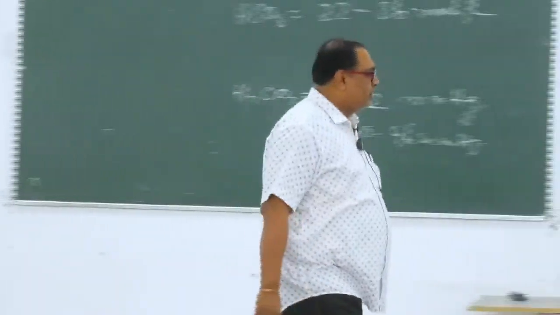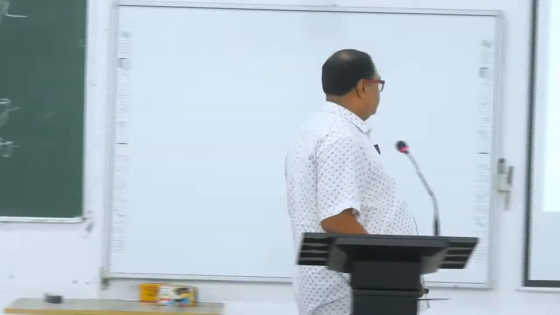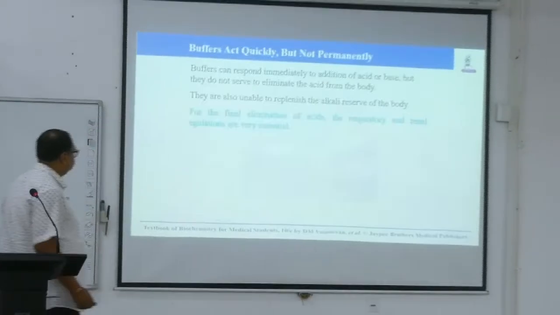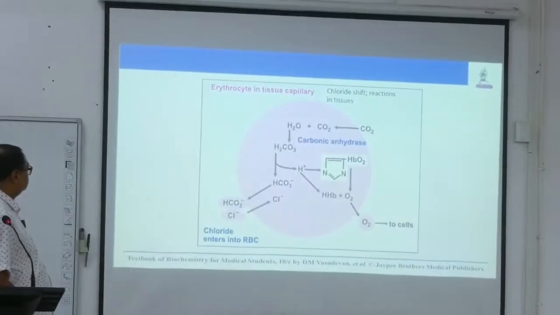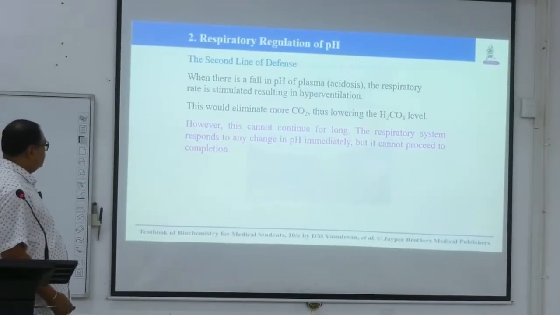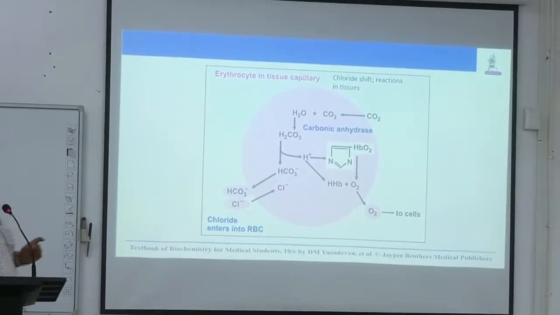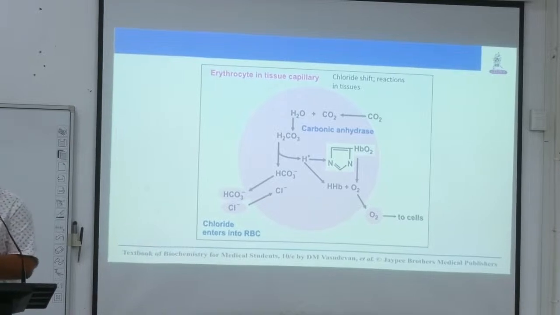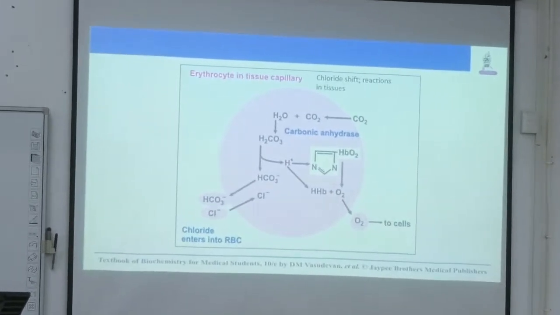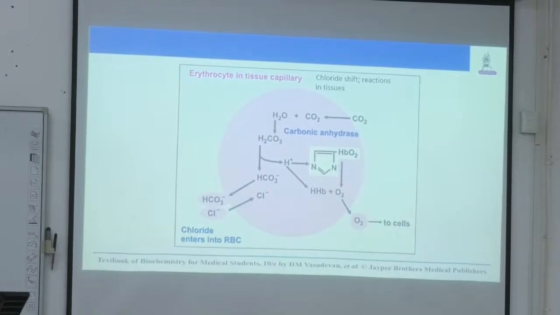Now we move on to the next slide. So by this time we have come to know that the bicarbonate is called renal component, H2CO3 is called respiratory component. The next part is what happens and how CO2 is actually released by RBC.